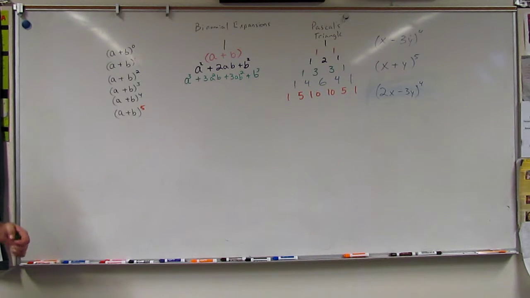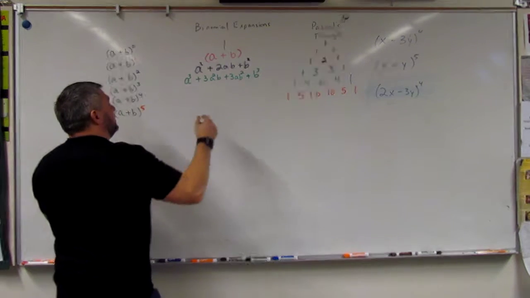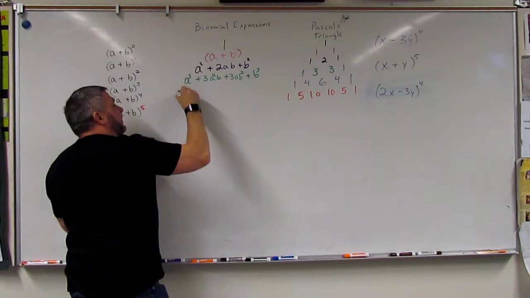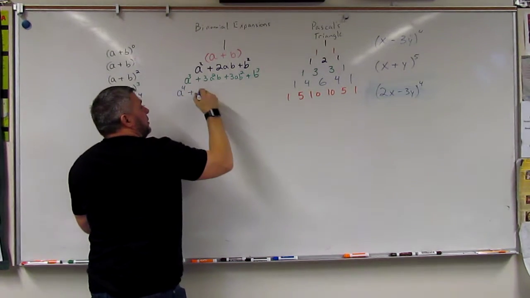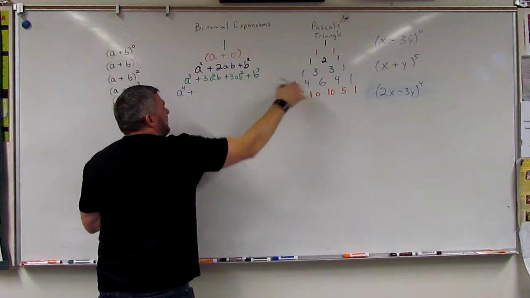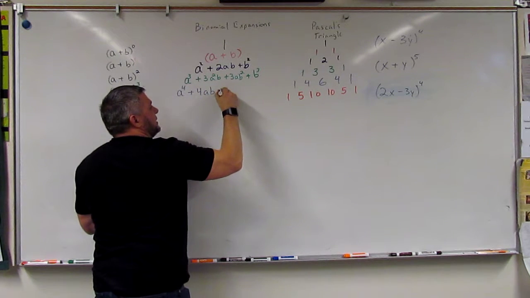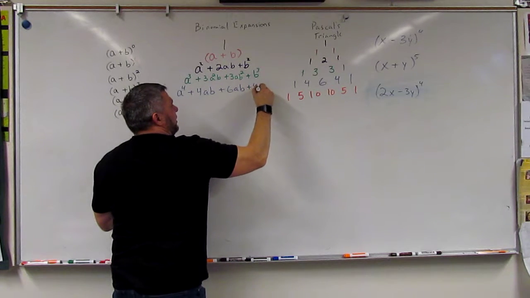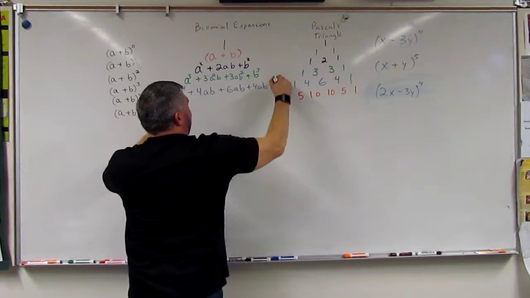That's the pattern. Now watch this. So for 4, we're going to go a to the 4th, plus 4ab plus 6ab plus 4ab plus b to the 4th.